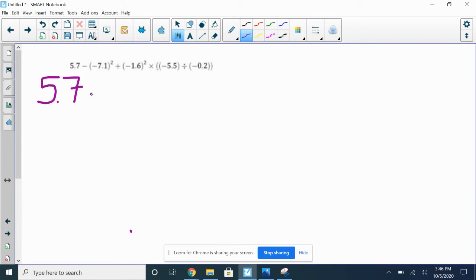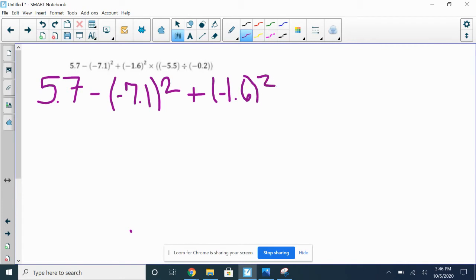I have 5.7 minus negative 7.1 squared plus negative 1.6 squared times double parentheses.